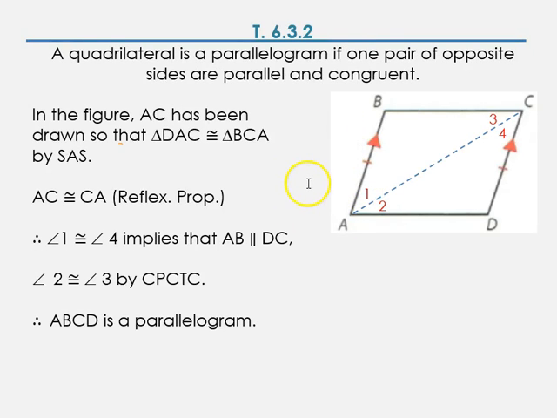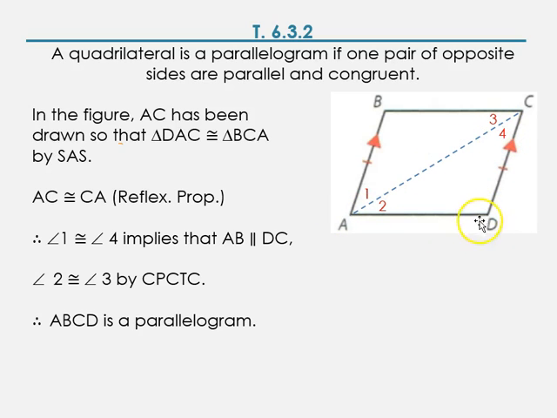Theorem 6.3.2. A quadrilateral is a parallelogram if one pair of opposite sides are parallel and congruent. In the figure, line AC has been drawn so that triangle DAC is congruent to triangle BCA, and this is by side, angle, side.